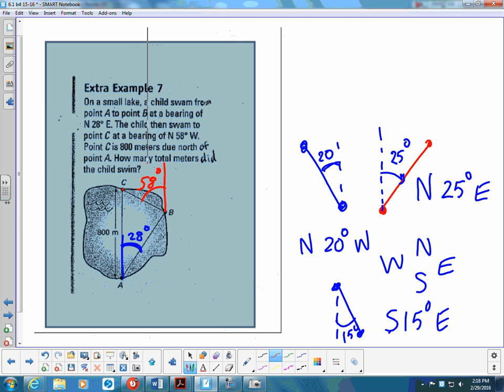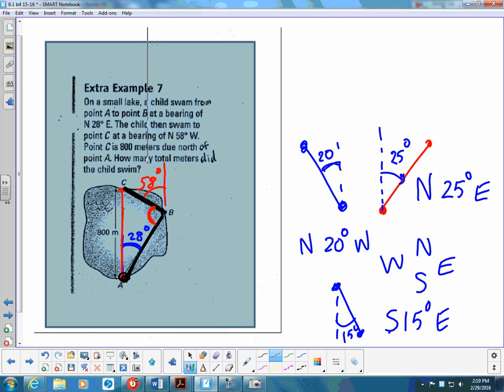Point C is 800 meters due north of the starting point, point A. So how many total meters did the child swim? Well, this was the path that the child swam, from here to here, and then from here to here. So we really need the distance from A to B, and then from B to C. In order to do this problem, I think we're going to need to figure out this angle here.